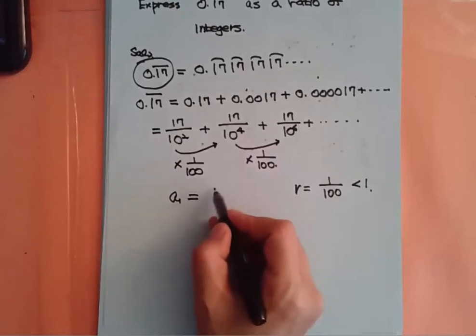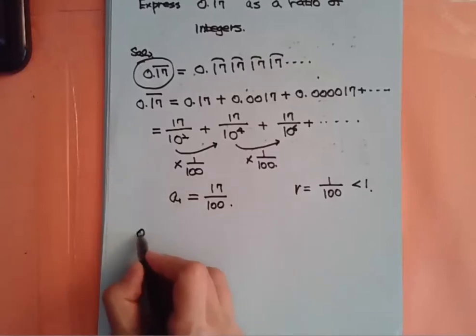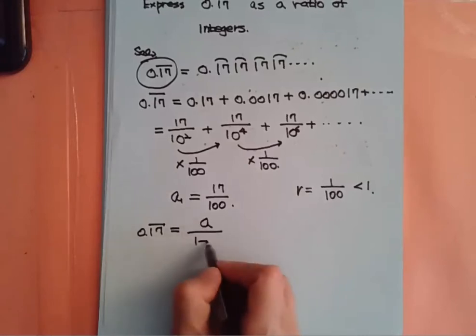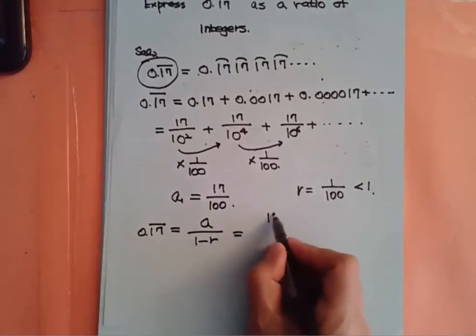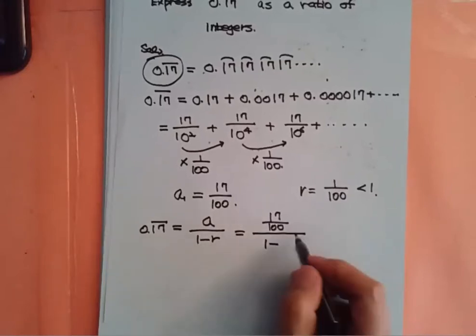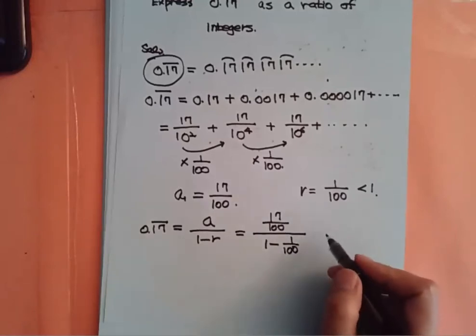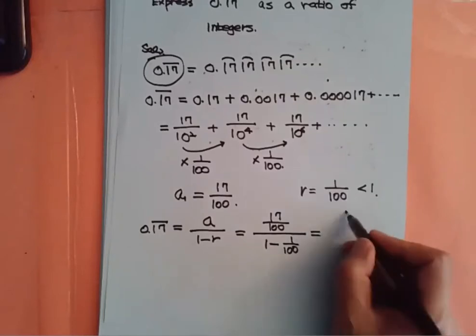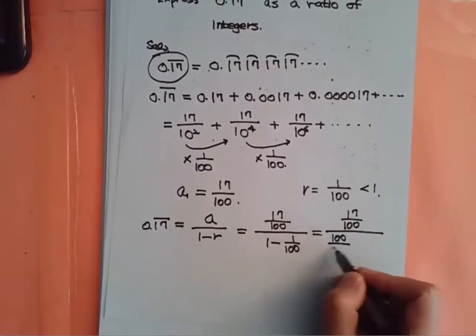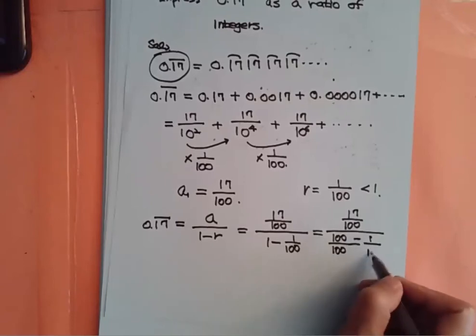The first term is 17 over 100. So 0.17 bar is A over 1 minus r, which is 17 over 100 over 1 minus 1 over 100. So that is 17 over 100 over 100 over 100 minus 1 over 100.